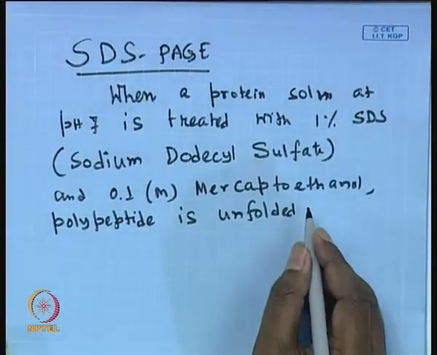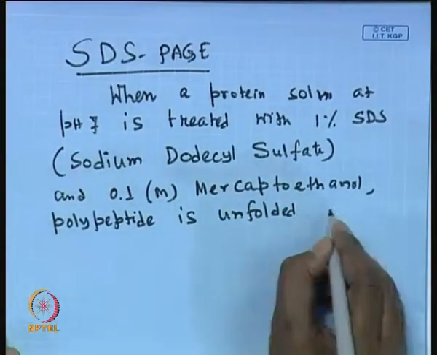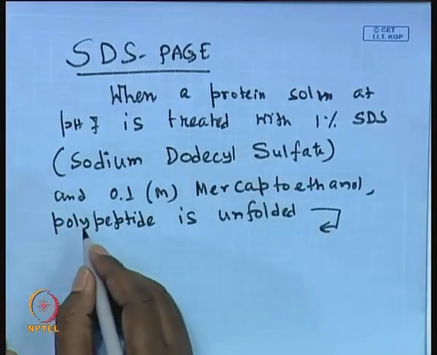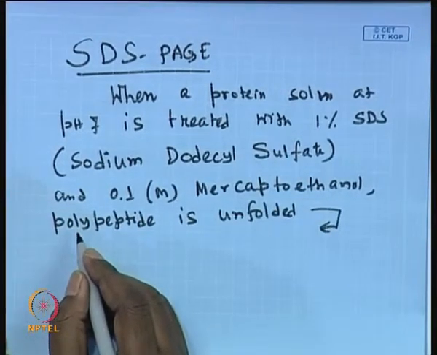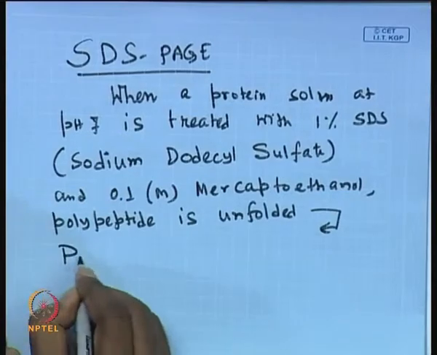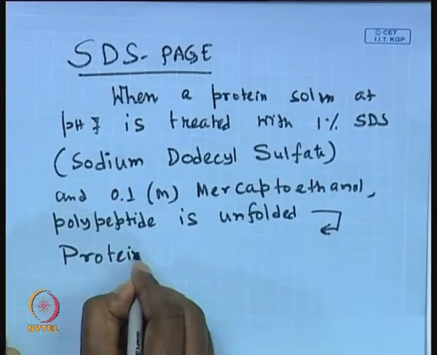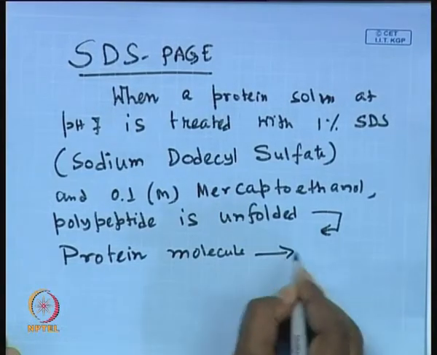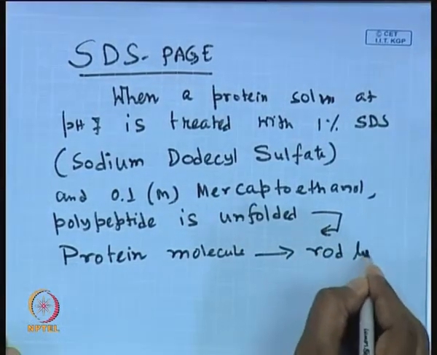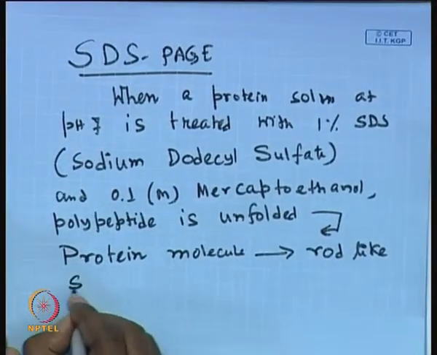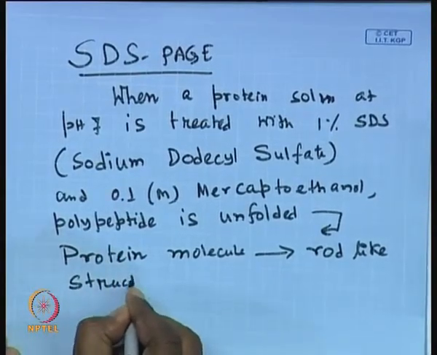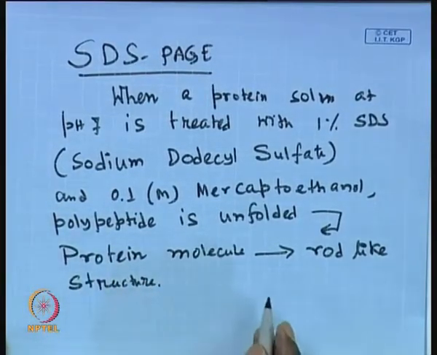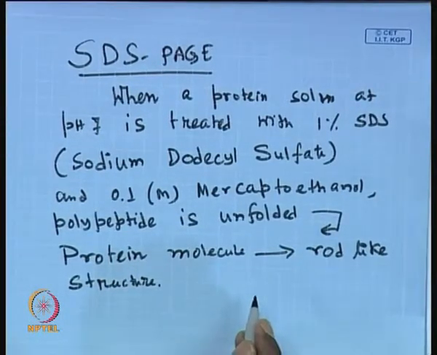This results in the protein molecule becoming a rod like structure. About 1.4 gram SDS is bound generally to 1 gram of protein to make a complex.